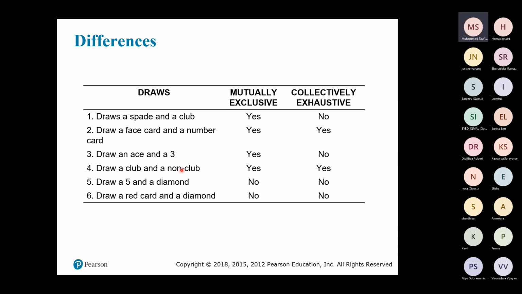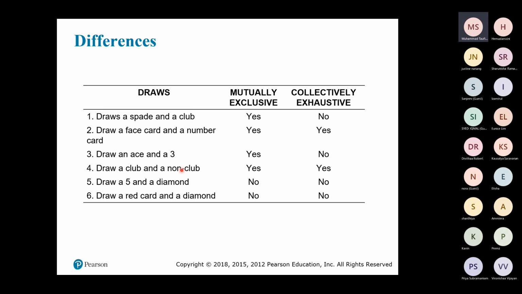Is it collectively exhaustive? Also no, because there are other outcomes. You still have other numbers, and at the same time you also have other symbols in the playing cards. So this is what we call a mutually exclusive event and also a collectively exhaustive event.